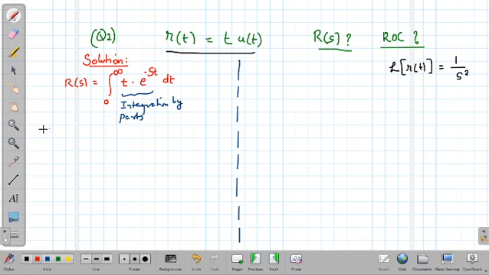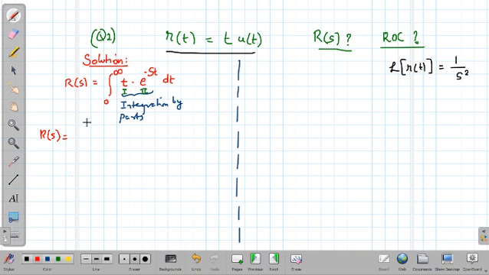Now what is integration by parts? R(s) equals first term times integral of second, minus integral of derivative of first times integral of second. So let's take t as the first term, and e^(-st) as the second term.